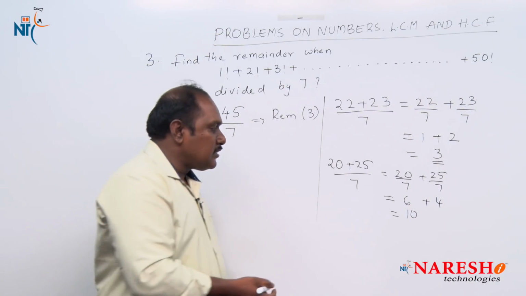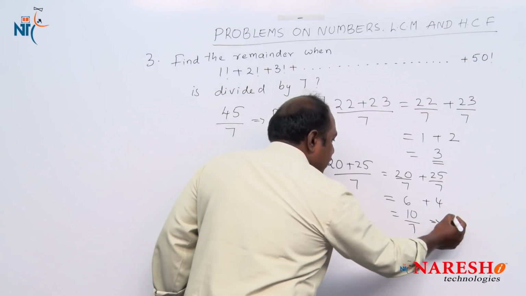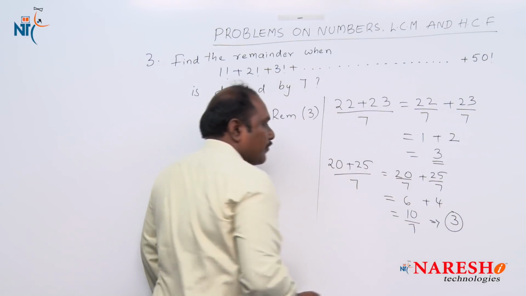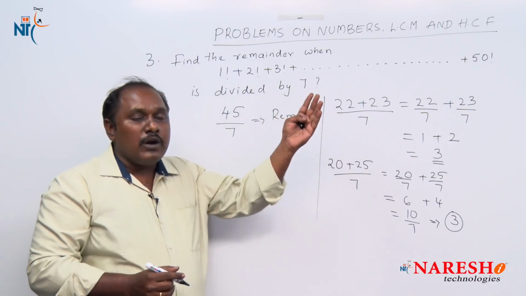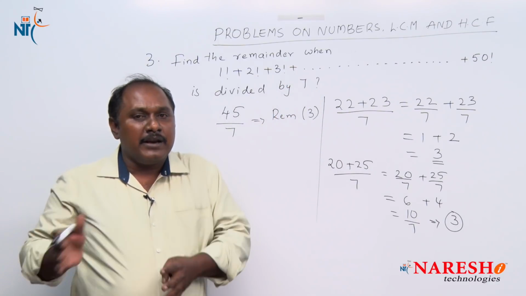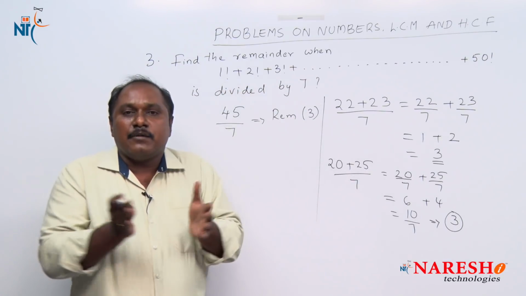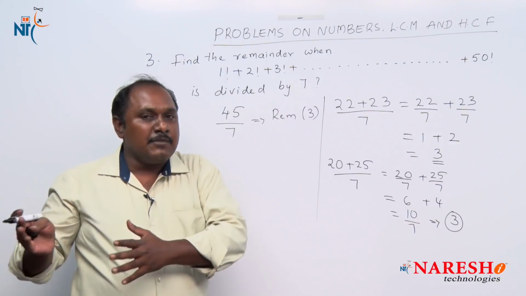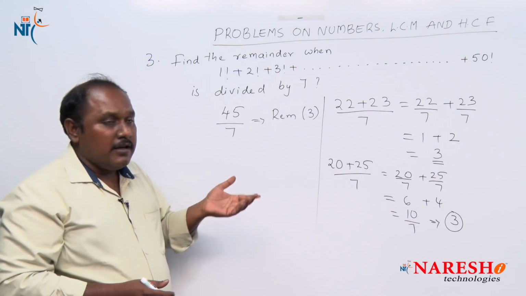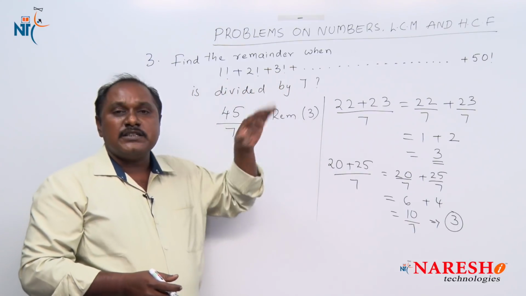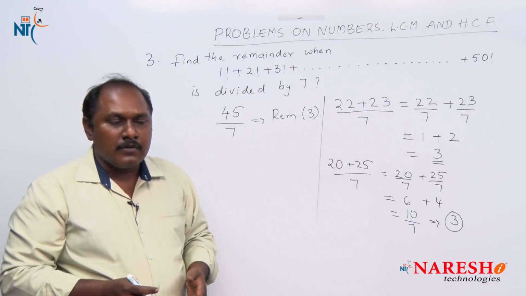So, what we have to do is again divide this 10 with 7. So, we get a remainder 3. So, either we find the complete value and then divide with 7 and get the remainder, or divide each and every term with 7, add the remainders, we get the same answer. Now, let us follow the second rule, that is, let us try to divide each and every term with 7, add the remainders and get the answer.